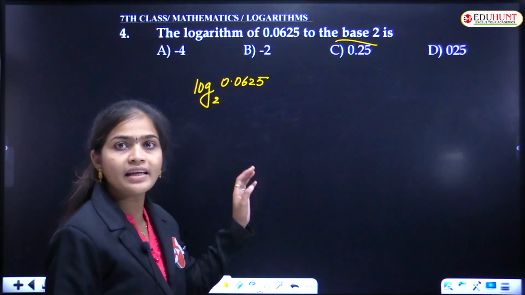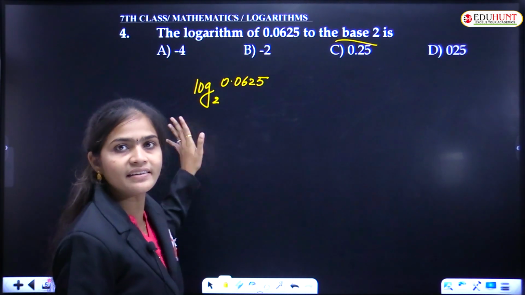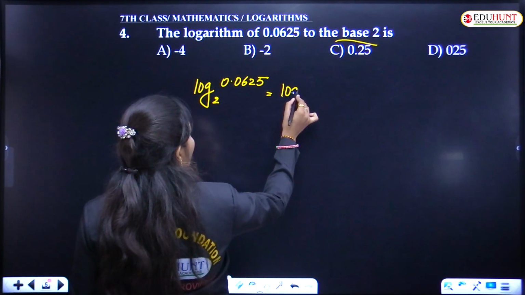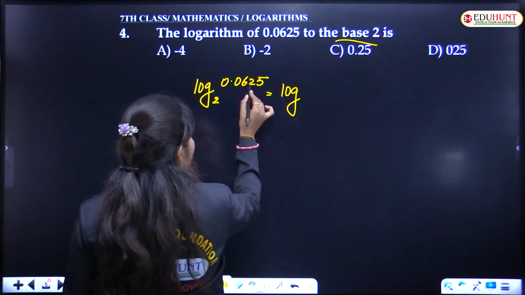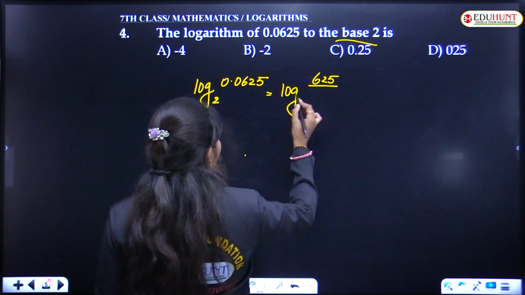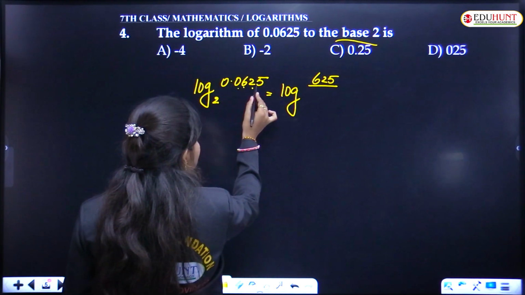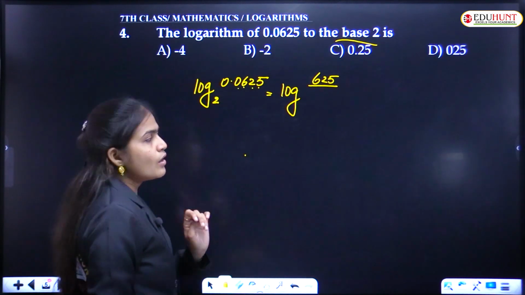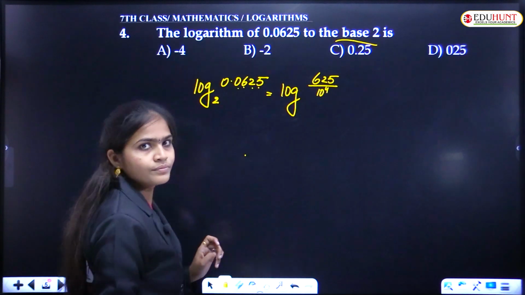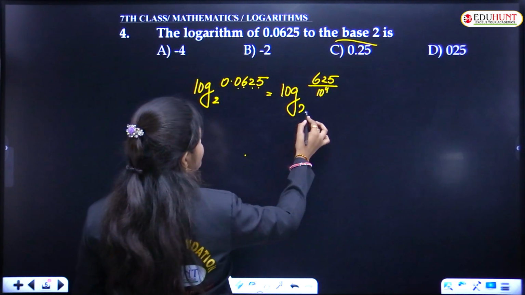The question is given in written form, and we need to write it in symbolic form, which is log of 0.0625. We can write it as 625 by 10 power 4, since there are 4 digits after the point, and the base is 2.